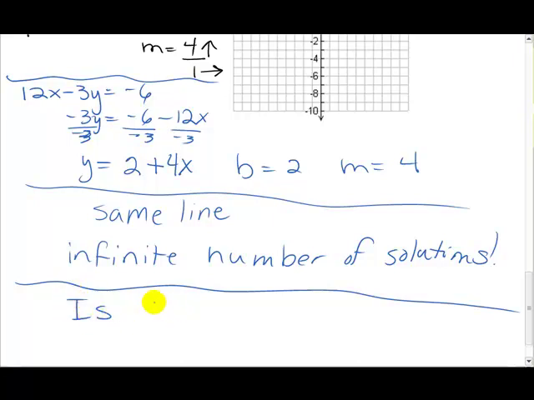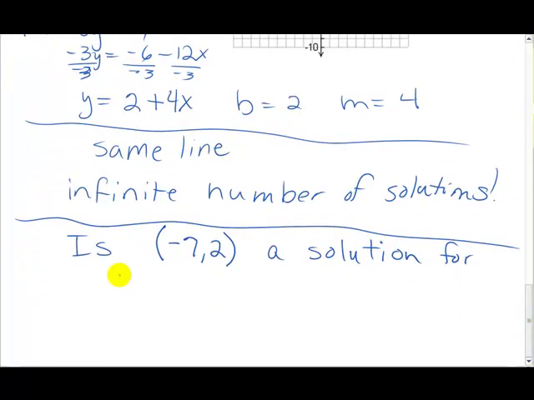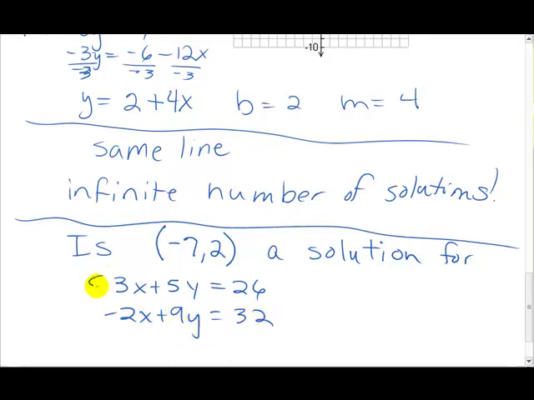Is (-7, 2) a solution for, and they're going to give us a system, 3x plus 5y equals 26, negative 2x plus 9y equals 32.